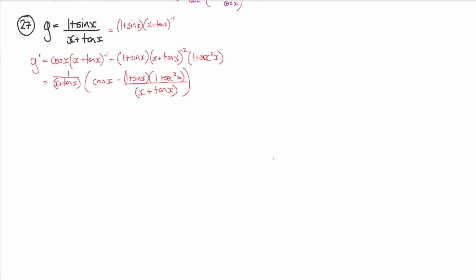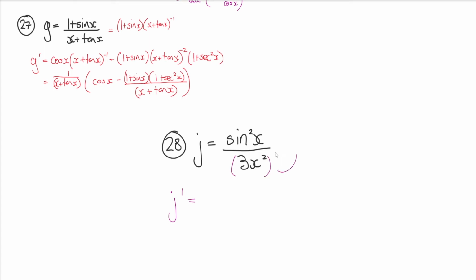Okay, let's do it. What should we call this one? Let's call it J. sine of x over 3x squared. Okay, kind of similar to the last one, so let's maybe do sine squared x. Okay, j prime. So again, the trick, we're going to bring this up front, make it to the -1, right?